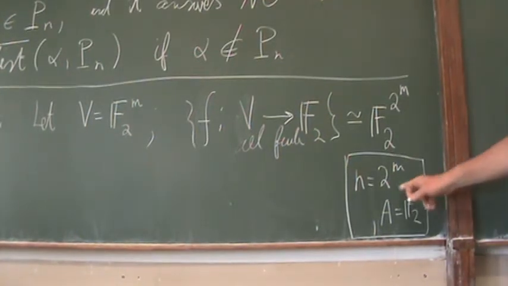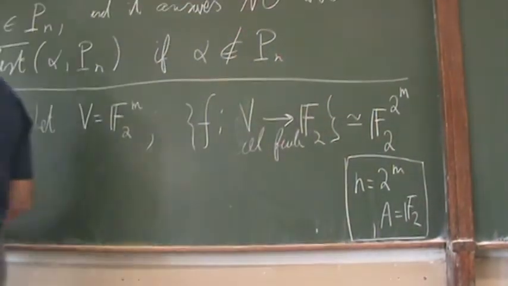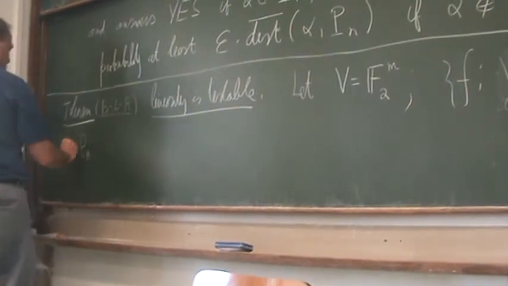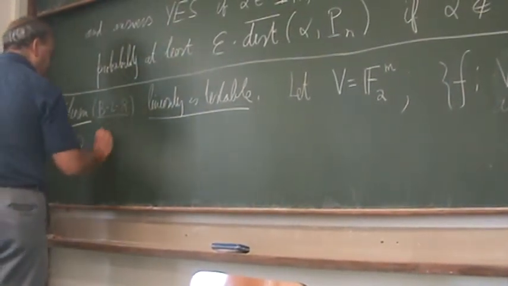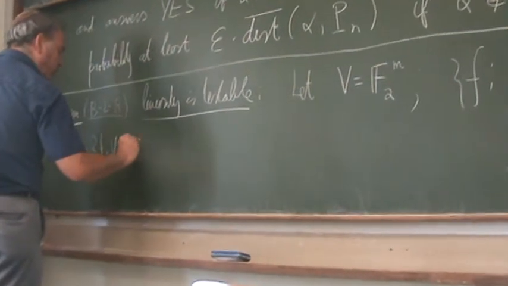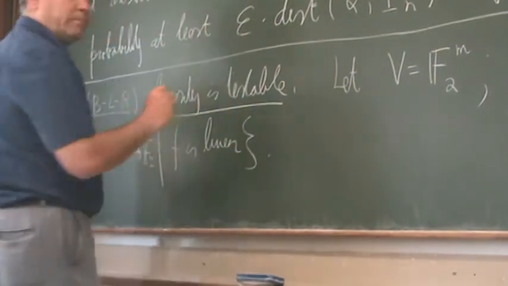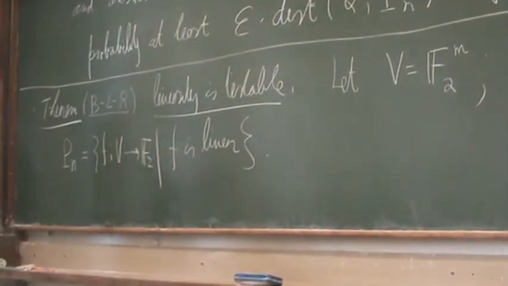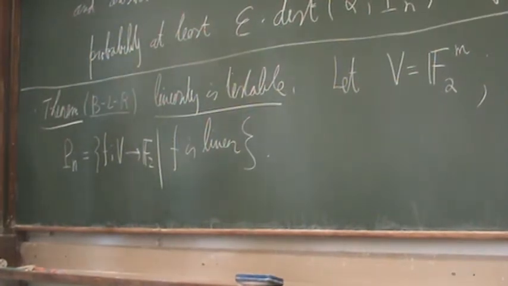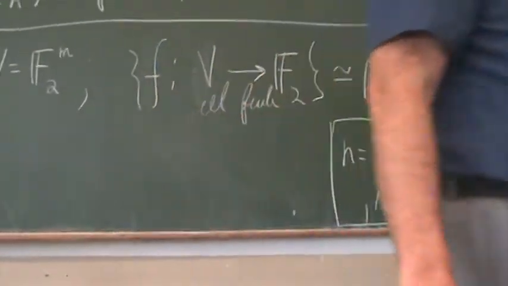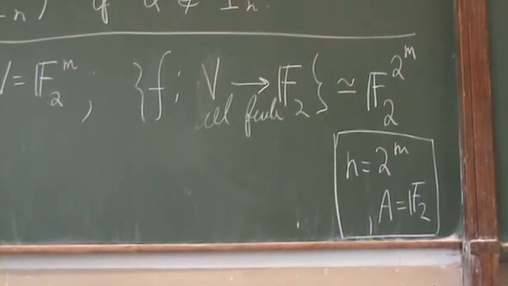So this is a vector space of dimension 2 to the M. And the linear ones, Pn, so this will be A to the N. And Pn will be all the functions from V to F2 such that F is linear. Okay? Are you with me? So we look at the function, and we want to know whether it is a linear function or not.